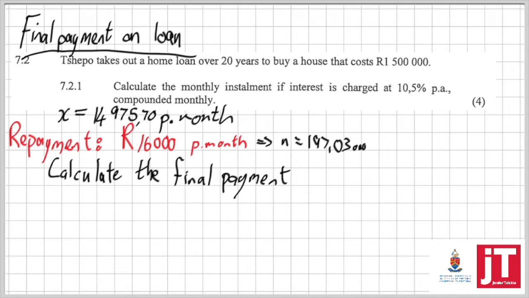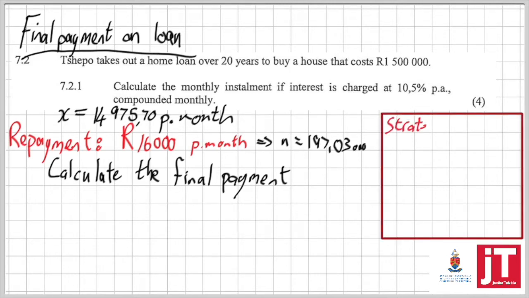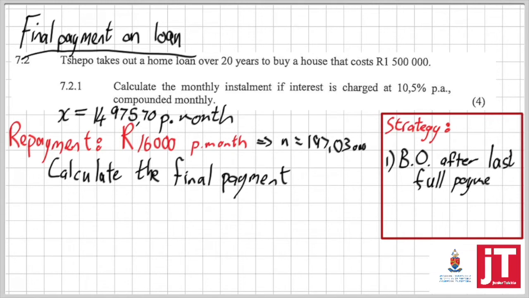So when we talk about the final payment, there's a two-pronged strategy. First of all, we are going to calculate the balance outstanding after the last full payment. Then we're going to take that amount and we are going to blow it up. We're going to accrue it for one more month until we have to pay that final payment.